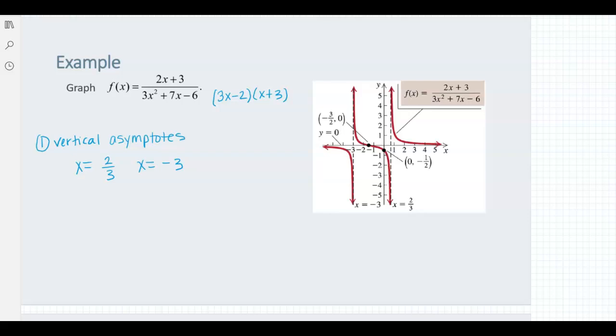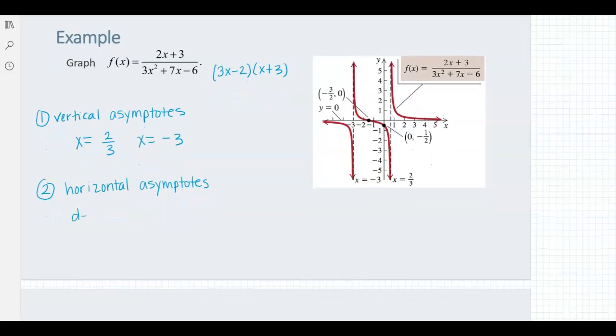I can see both of those asymptotes reflected here in the graph. The second step is to find any horizontal asymptotes if they exist. The degree of the numerator is less than the degree of the denominator.